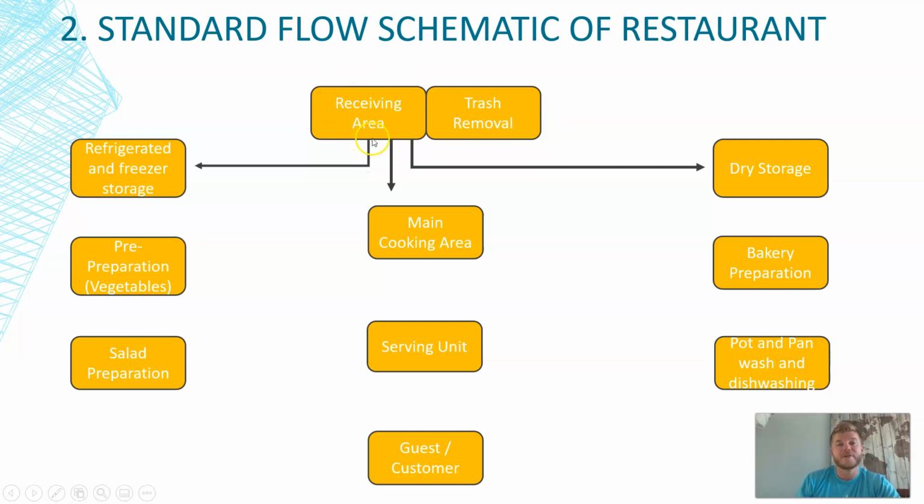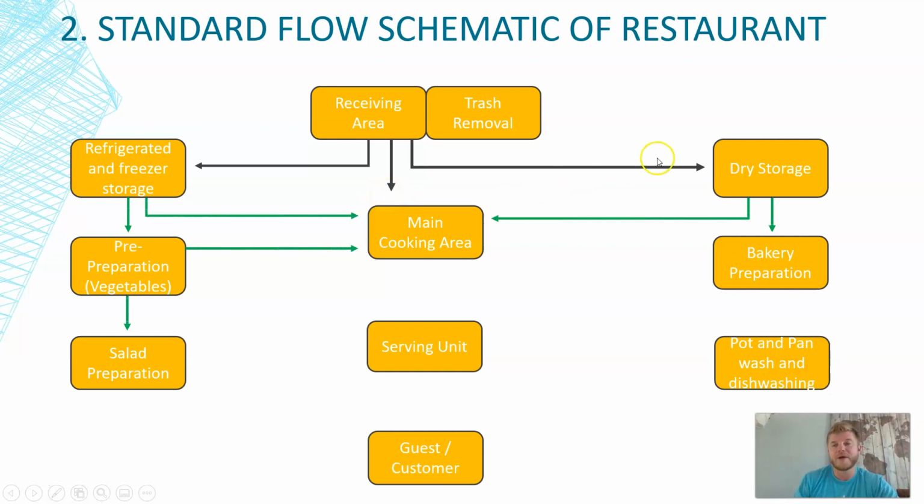And what's happening here is that we are bringing in our food, and we want it closely related to some of the storage areas. So it's either going to go straight to the refrigerator and freezer storage, or it's going to go to the dry storage. Or some of it could go right to the main cooking area, depending if it needs to be prepped.